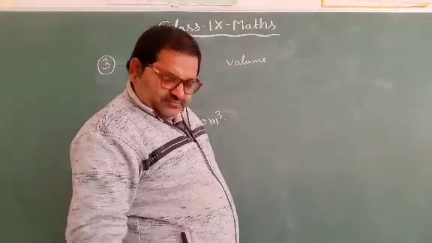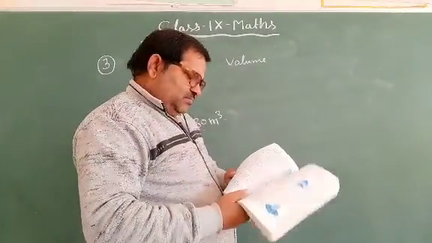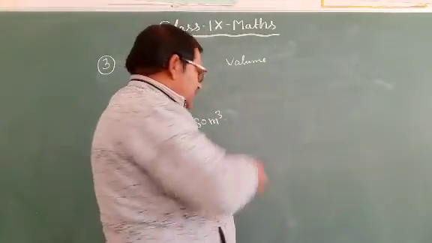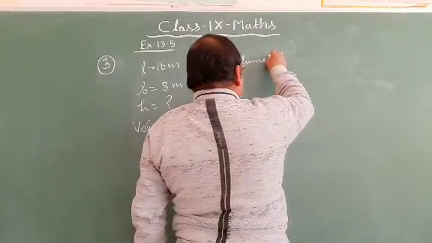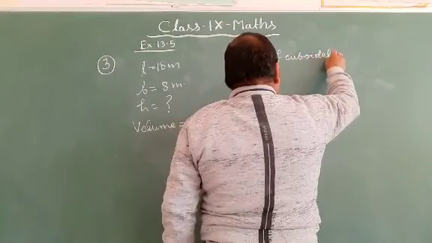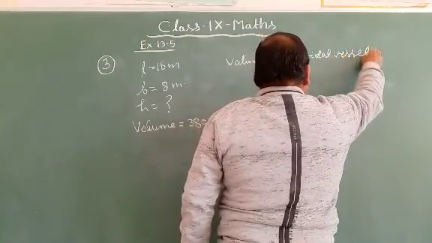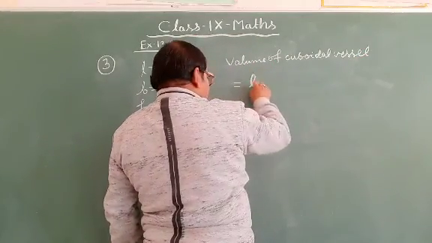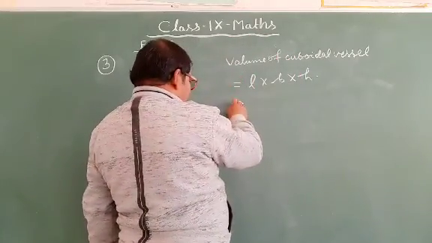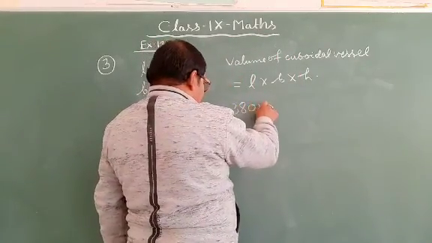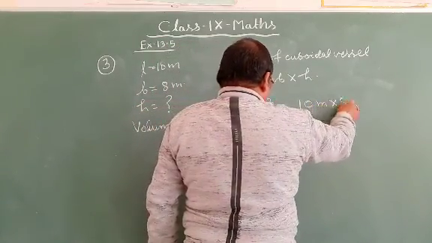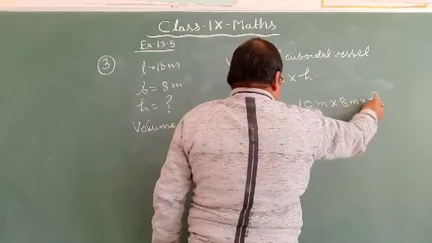Volume of the cuboidal vessel is equal to length into breadth into height, and therefore 380 meter cube is equal to 10 meter into 8 meter into h.